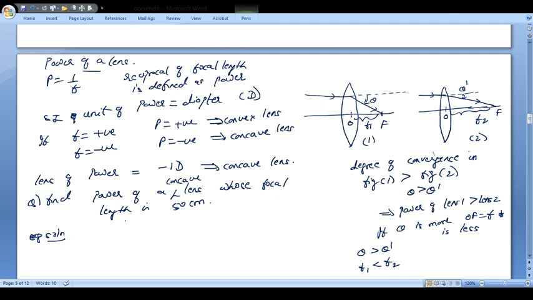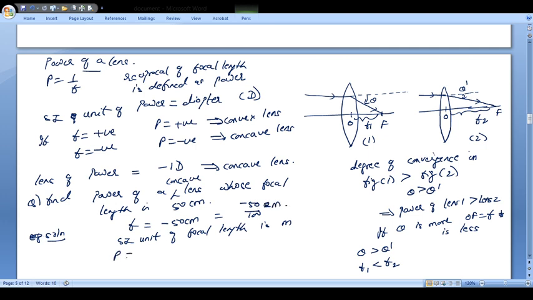We know that focal length is 50 centimeter and it is concave, so -50. और जब SI unit डालोगे तो SI unit of focal length is meter. So you will convert this 50 centimeters into meters. So this will be -50 upon 100 meters.